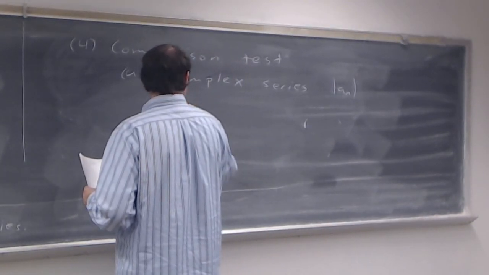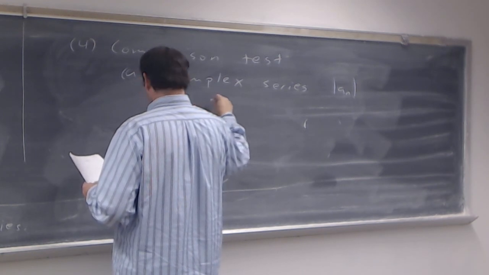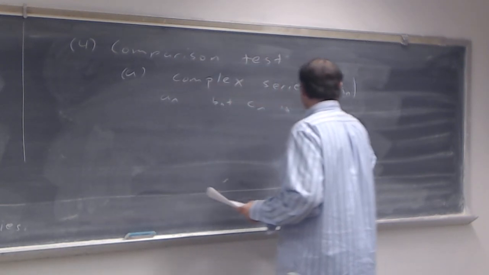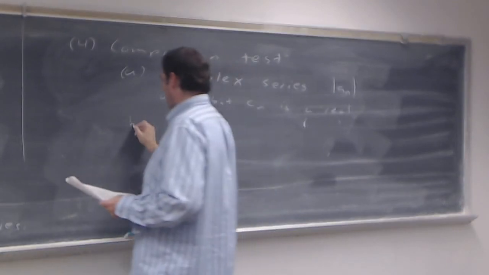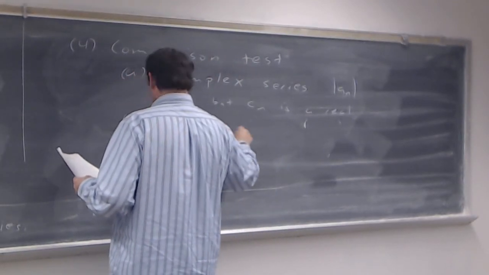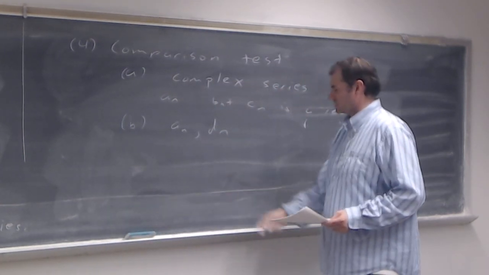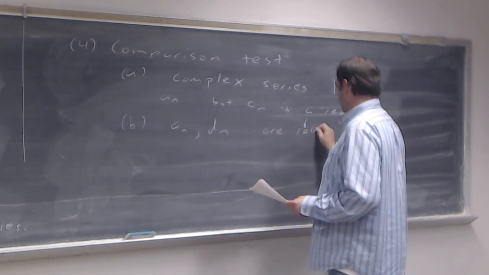Series a sub n, okay, but c sub n is a real number that's involved here in part A. In part B, a sub n, b sub n, those terms of sequences that were involved in series are real numbers.